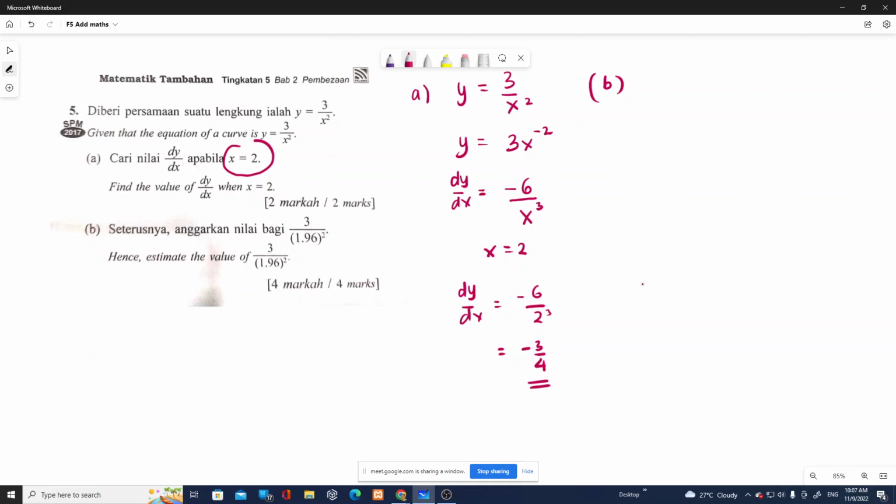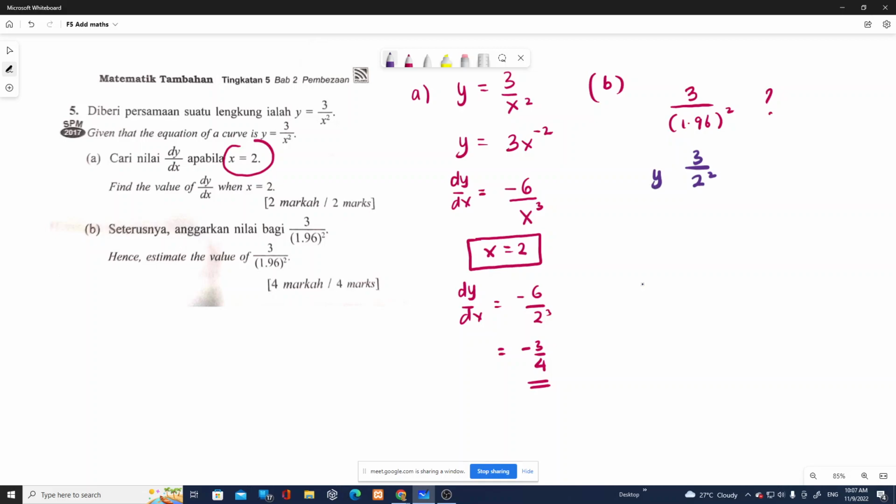So now they want you to find out what is the estimation. 3 over 1.96 square, correct? They want you to know what is the answer for this. In our previous A, the x is 2. The bottom one is 2. In our A, it is 3 over 2, and then there is a square, right?